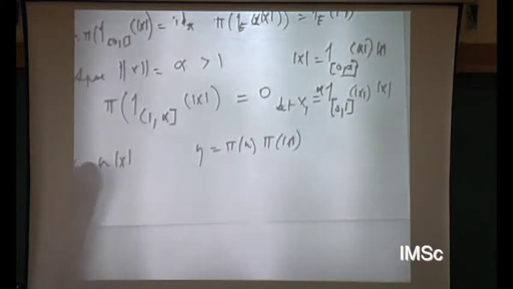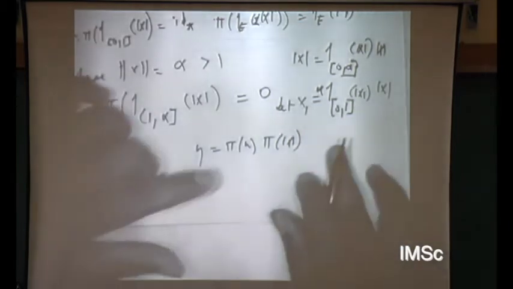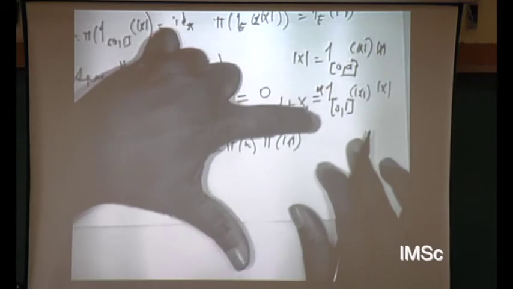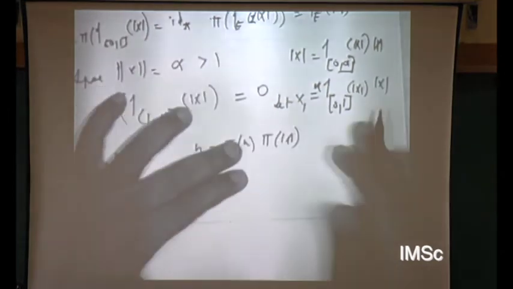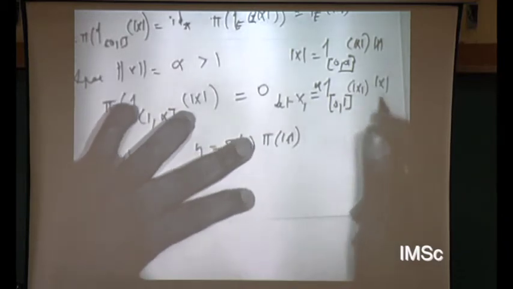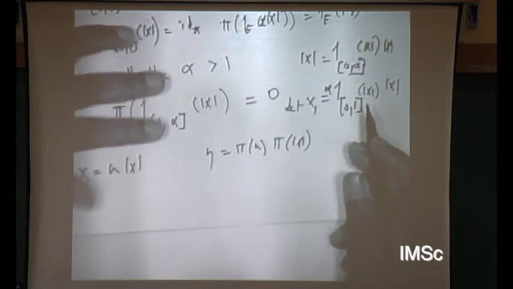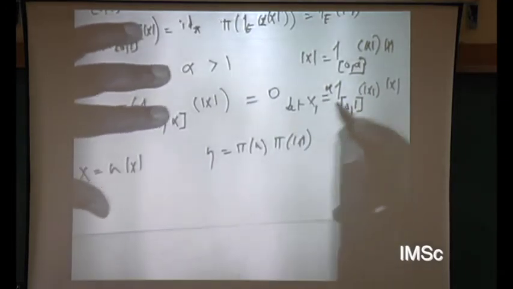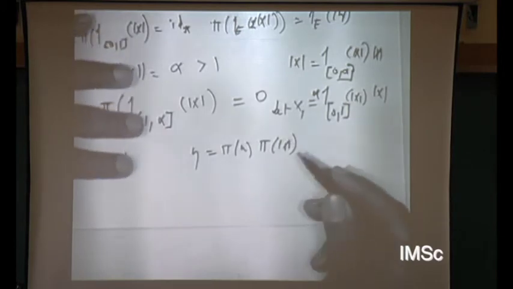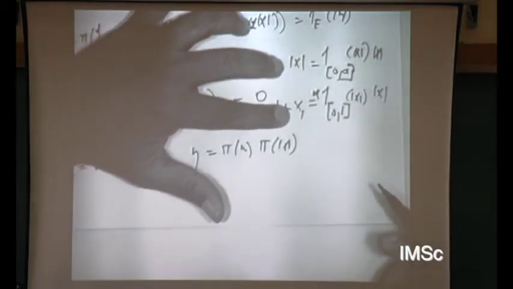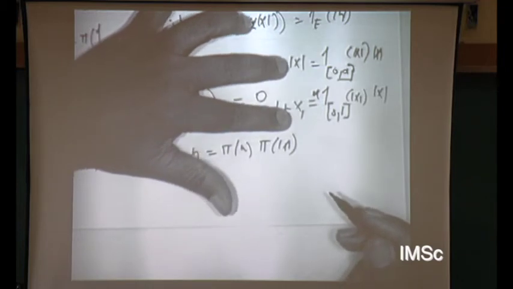But the part of mod x which was bigger than 1 was being killed by pi. So I want to take x1 to be u times mod x times this projection. Now I want to say that y equals pi x1. What is the difference between x1 and x?